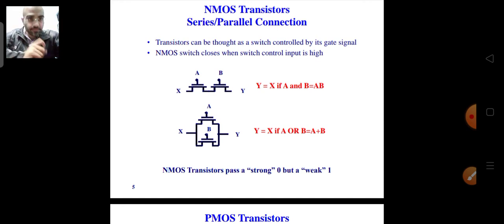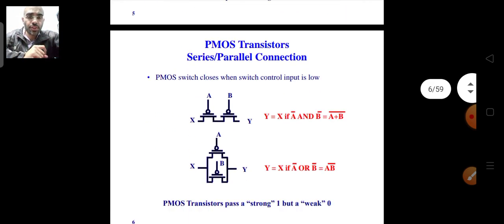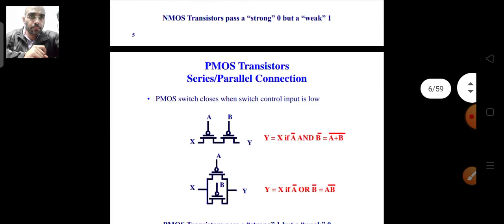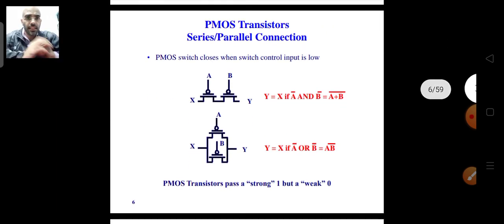And if you talk about the pull-up network, say we make a series combination of pull-up PMOSs, you know that our PMOS becomes on when our inputs are low.